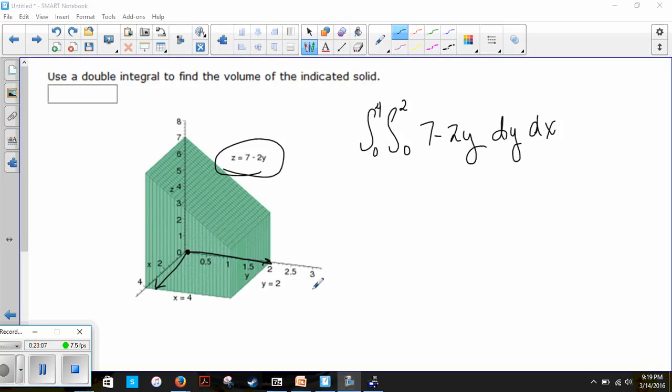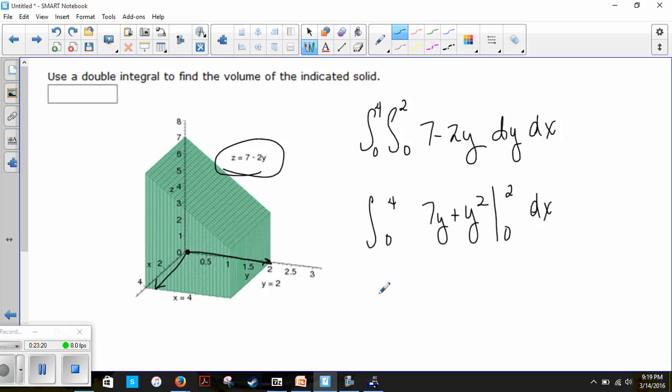And that wasn't so bad at all. 0 to 4, 7y plus 2y squared over 2, so just y squared, from 0 to 2. Plug that in, we will get 14 plus 4, 18 dx. How nice. 18x from 0 to 4. Well, whatever 18 times 4 is, that's what you're looking for.